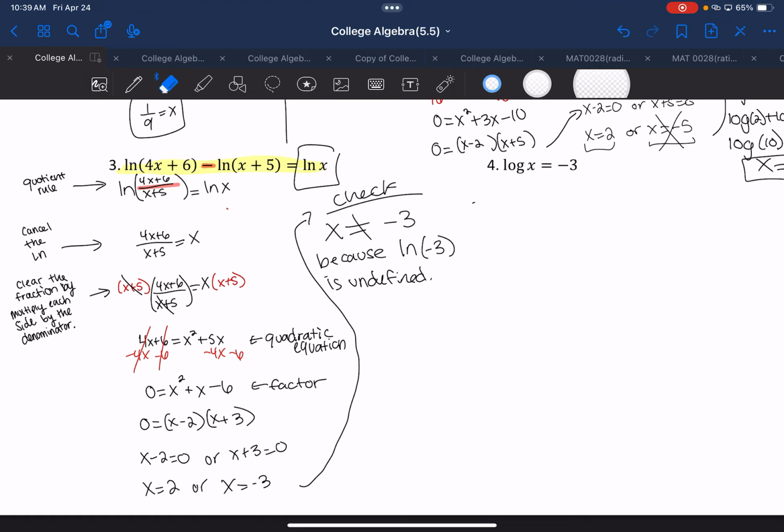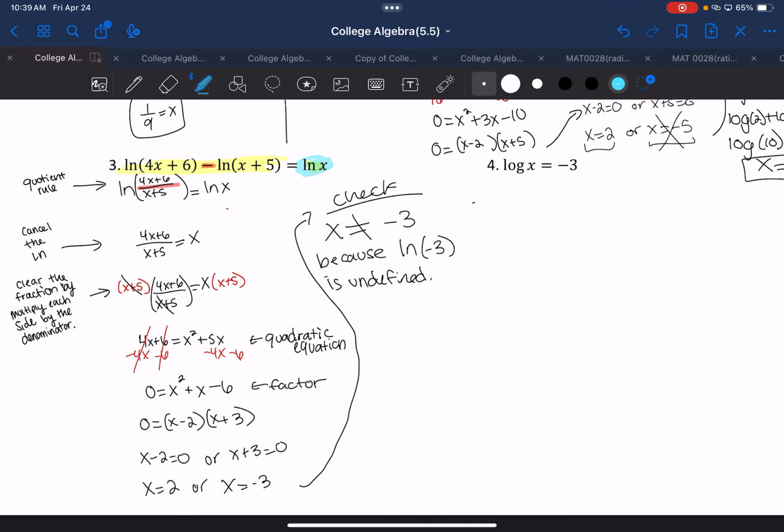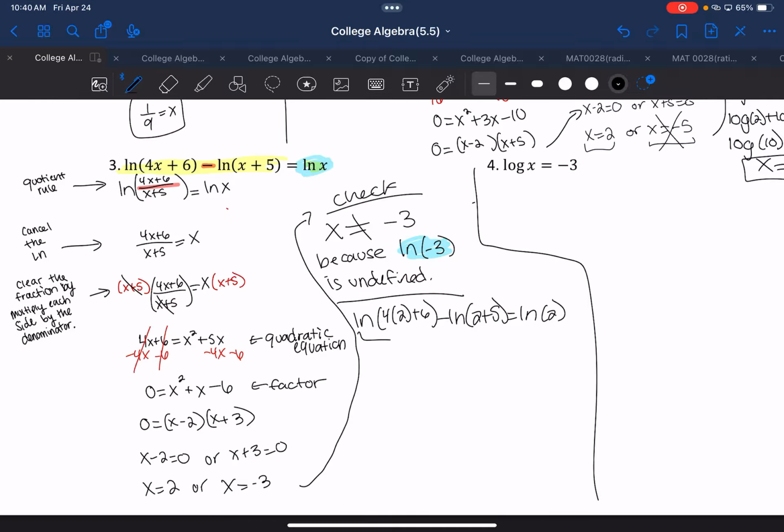I will even highlight where I'm plugging that in and getting that from. Okay, but 2, be ln of 4 times 2 plus 6 minus ln of 2 plus 5 equals ln of 2. Now again, you could just plug all this left side in your calculator, see what that's equal to, and see if it's equal to ln of 2, and if it's the same decimal, then we're good. 2 is not going to make any of these negatives, so we're also good.